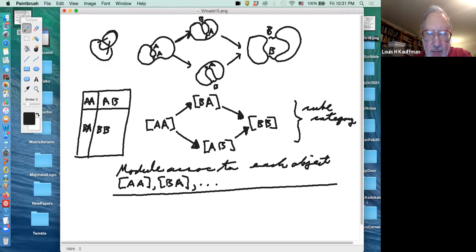But we're going to have a module associated to each one of these, and we already do, because the module is going to be equal to the enhanced states for this. The module is generated by the enhanced states.